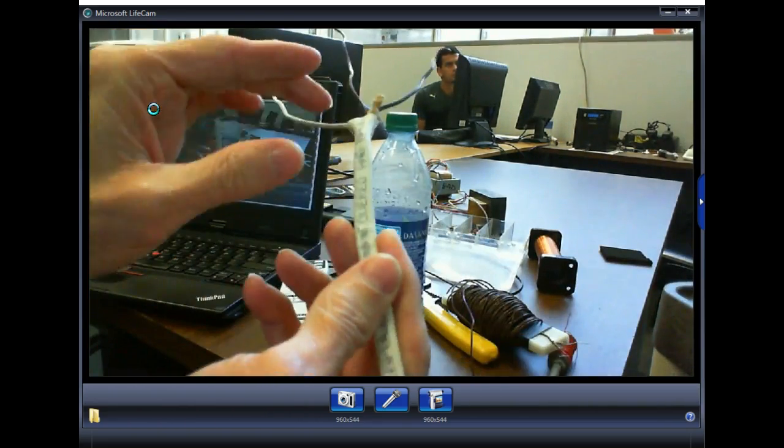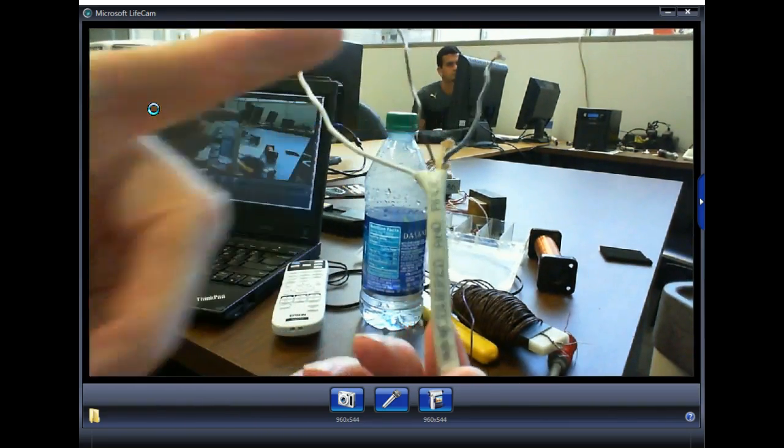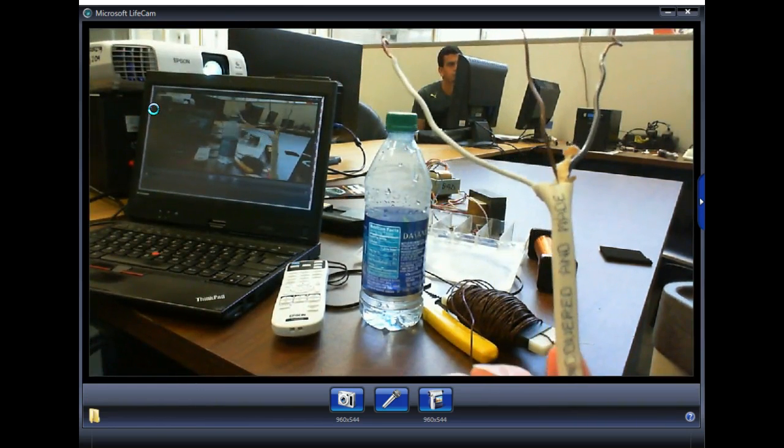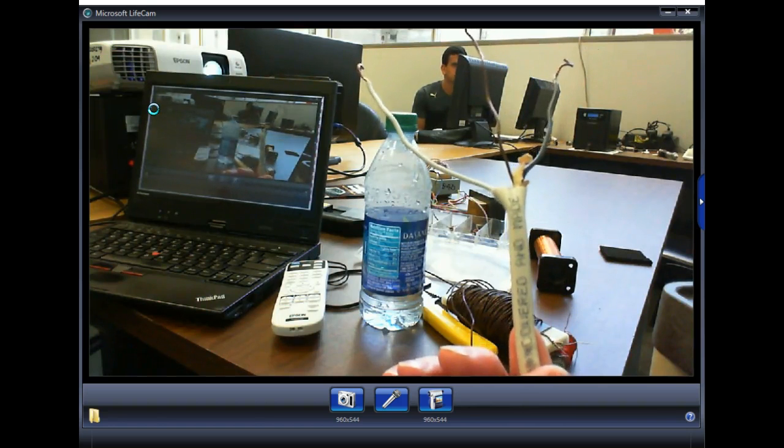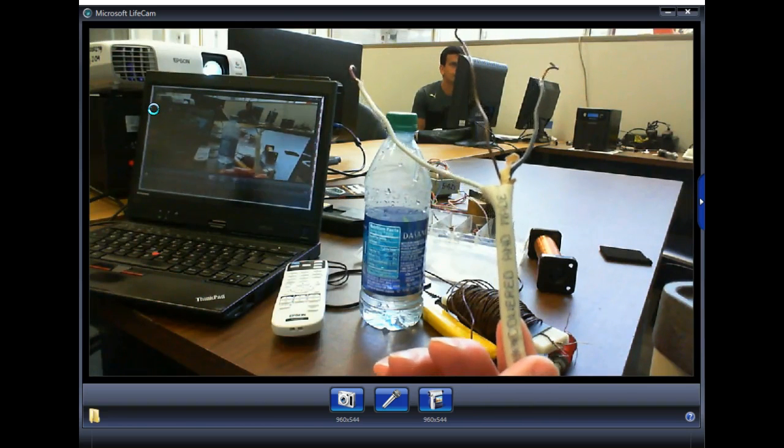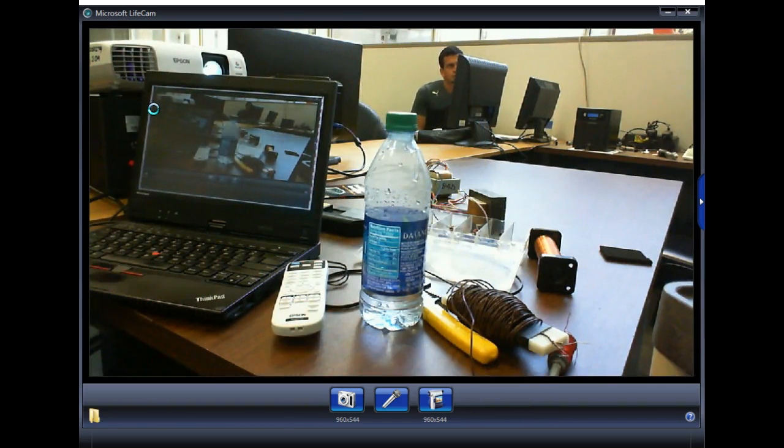So this is 14 gauge wire. So this right here would be rated for a 15 amp service. And a 20 gauge wire would be rated for what on your table? I'm sorry, 12 gauge wire. A 12 gauge wire would be rated at what?